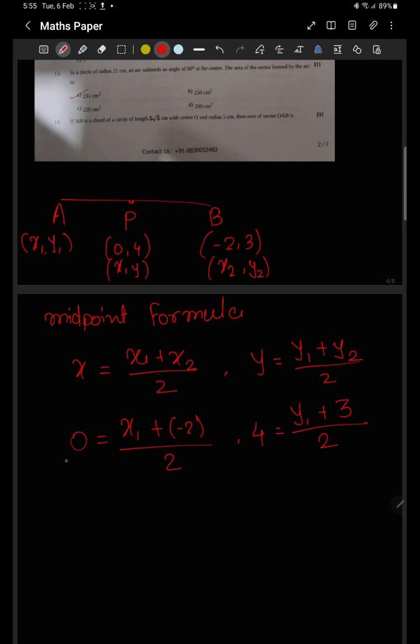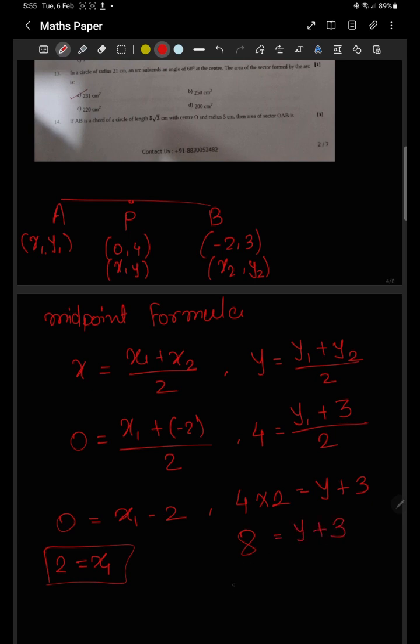So 2 is in division, while shifted to LHS it will be multiplied. So 0 into 2 is 0, is equal to x1 minus 2. Minus 2 will be shifted to LHS, it will change its sign and become positive 2. So x1 I got the value as 2. Then moving towards here, 4 into 2, because 2 is in division, while shifted to LHS it will be multiplied. 4 2s are 8 equals to y plus 3.